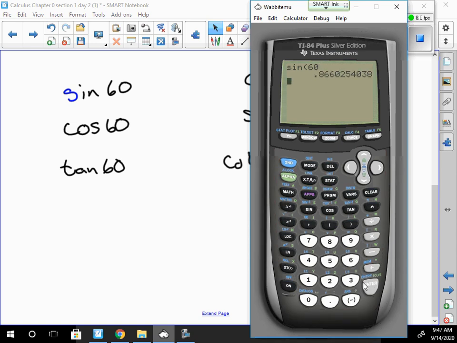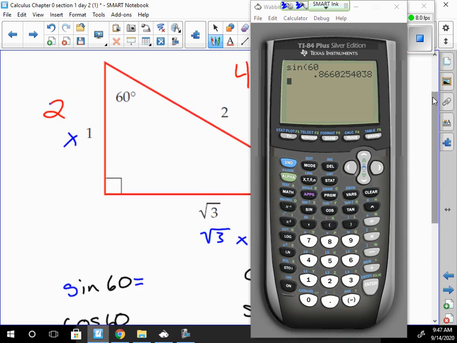Sine of 60 gives me 0.866024. If we look at the triangle perspective, the sine of 60, opposite over hypotenuse. So that would give me root 3 over 2.